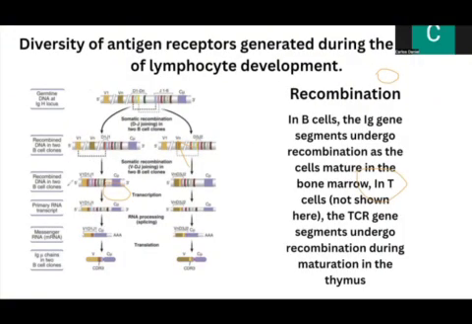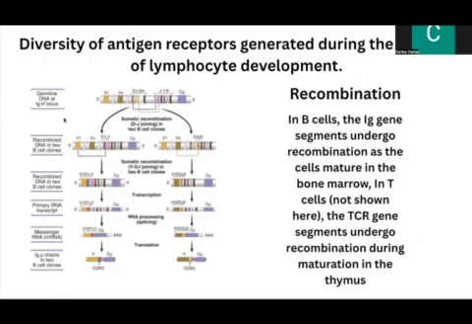The diversity of antigen receptors is generated during the process of lymphocyte development by somatic recombination of gene segments that code the variable regions of the receptor.